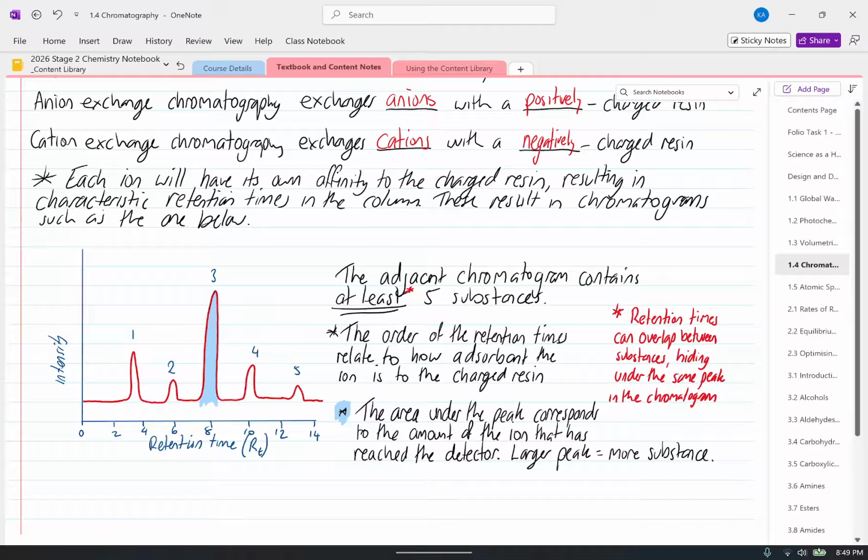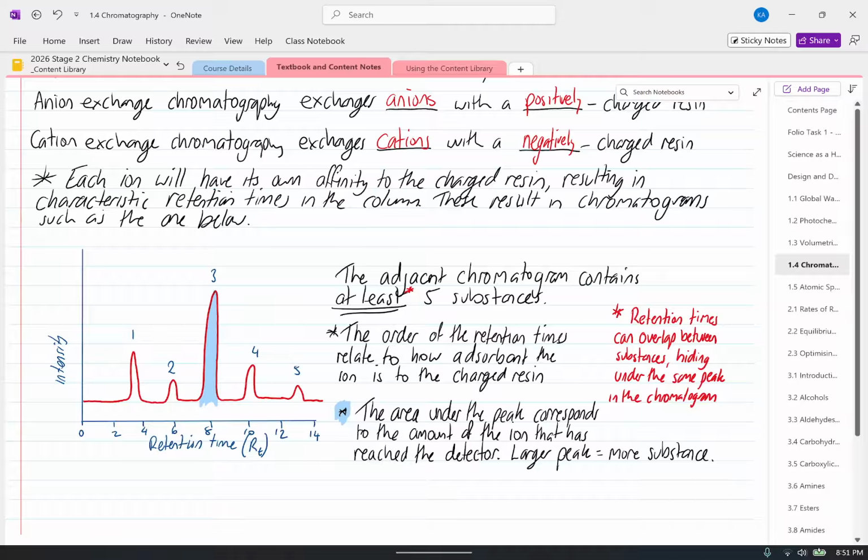Now, the amount of time it takes to come out of here tells us how strongly attached to the resin, or how strongly attracted to the resin the substance is. For example, substance 1 here didn't take very long, only about 3 minutes to come out of the machine, which makes me think that it wanted to go with the mobile phase. It didn't really attach strongly to the stationary phase.